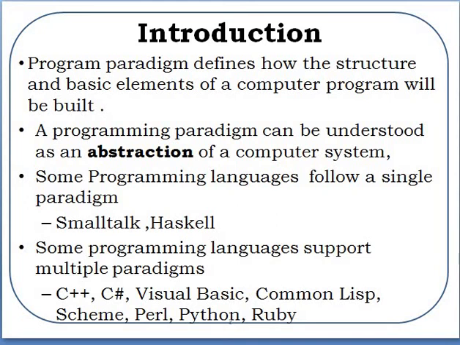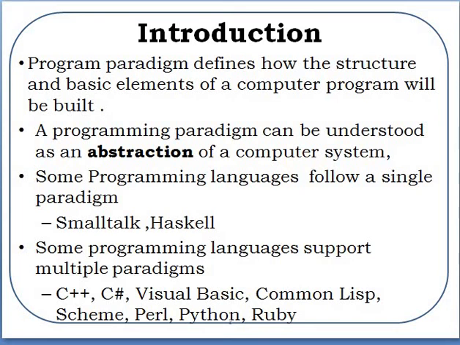Program paradigm means how the structure and basic elements of a computer program will be built. It is a fundamental style of computer programming. Program writing style is dependent on programming paradigm and it can be understood as an abstraction of a computer system.